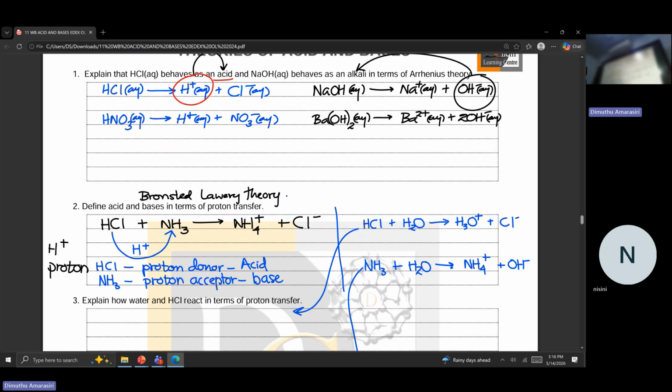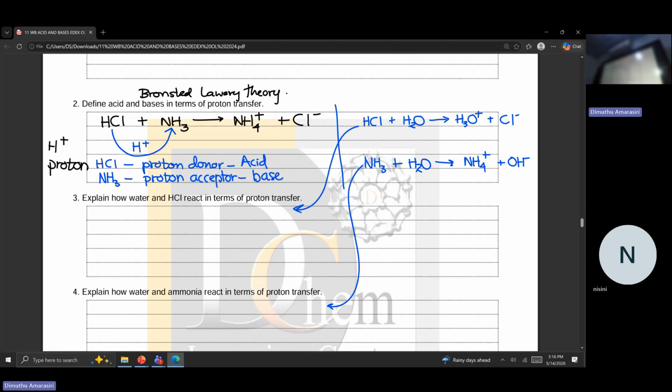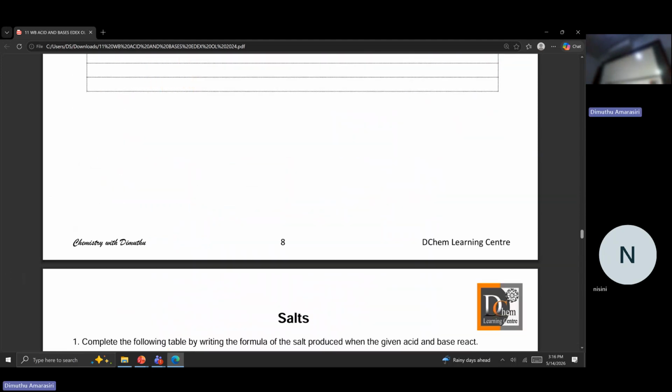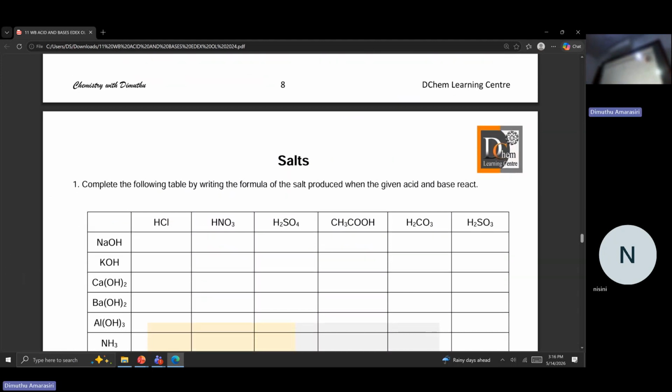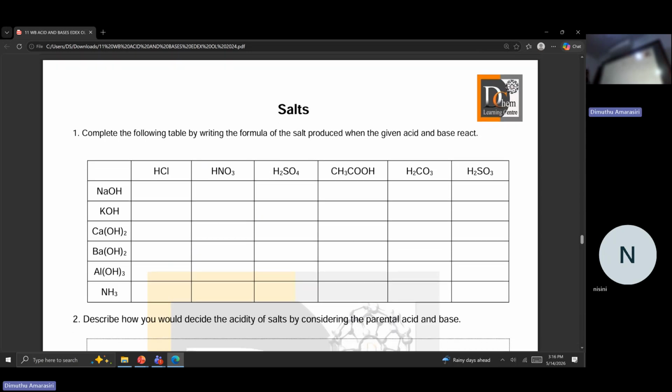Then we stepped into a part of this lesson, which is very critical, called salts. Right? Salts. And it is such an important part because today we will be talking about salt preparation. Salt preparation in the sense of how do you make a salt, starting from an acid and some other substance.